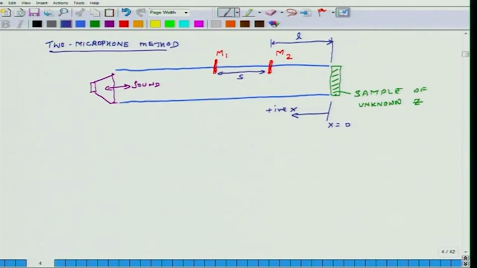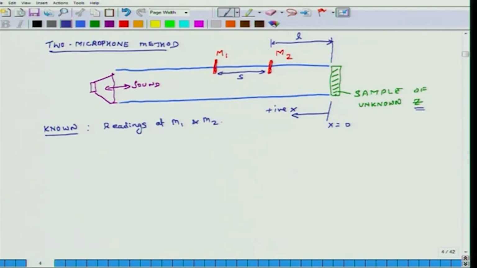So my aim is to find the value of Z. What is known is the readings at microphone 1 and microphone 2, because once I play the sound, I can record the signals at M1 and M2 locations. So the readings at M1 and M2 are known, Z is unknown.